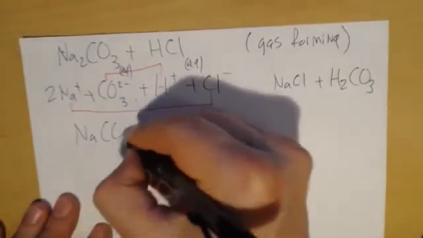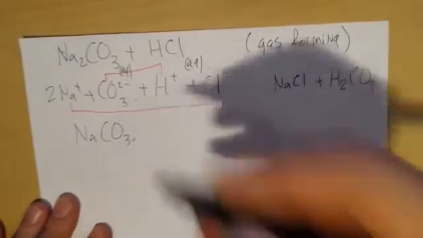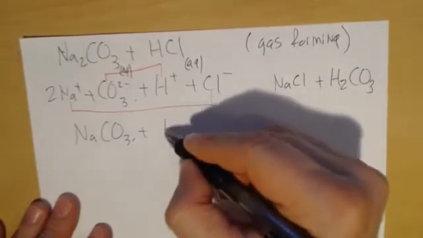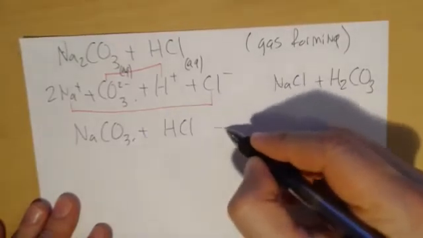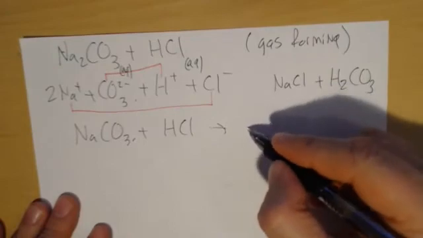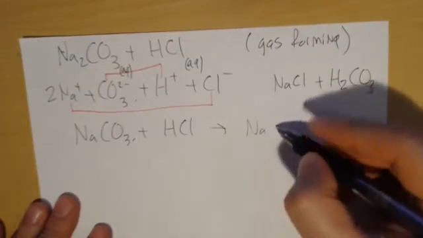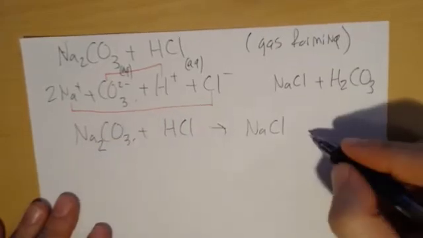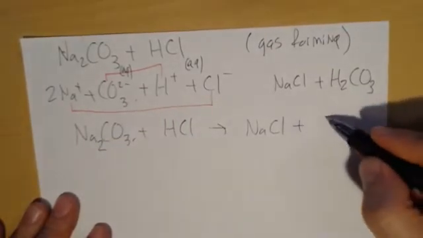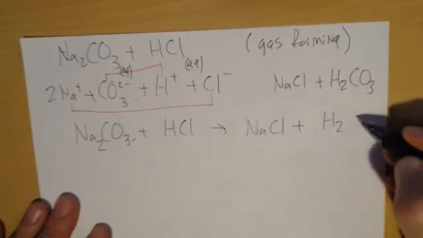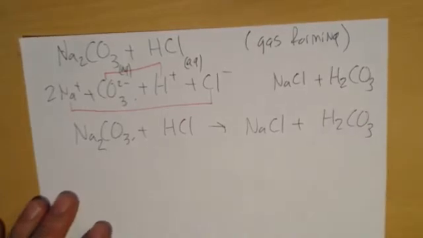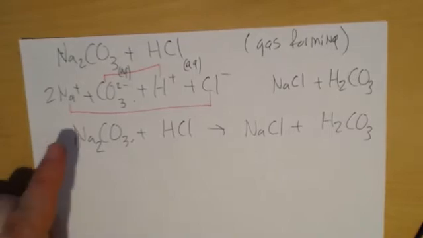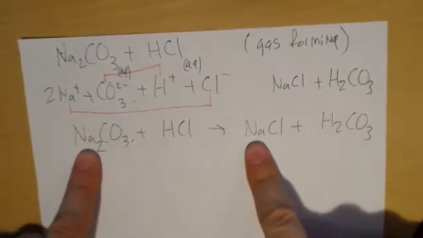So then the next step is to balance. Sodium carbonate, let's forget the states for now, plus HCl goes to NaCl. Oh, that's Na2CO3, excuse me. Plus H2CO3. Right away, metals: there are 2 sodiums there and 1 there.